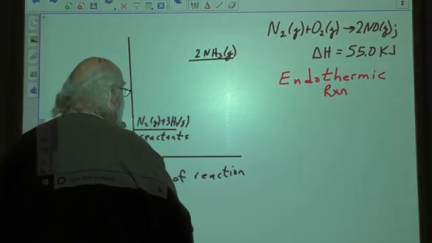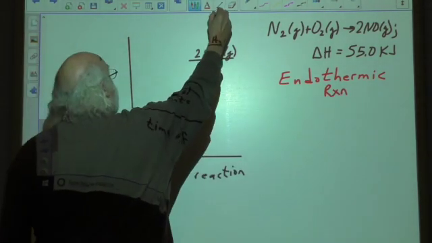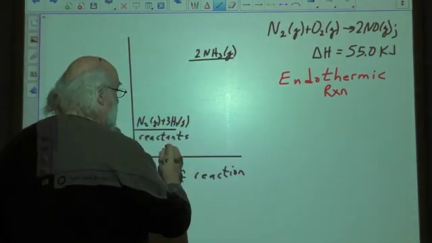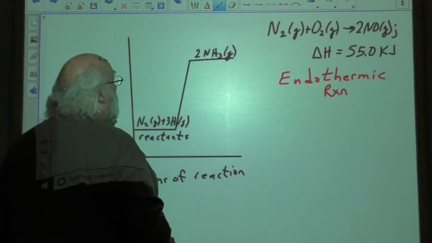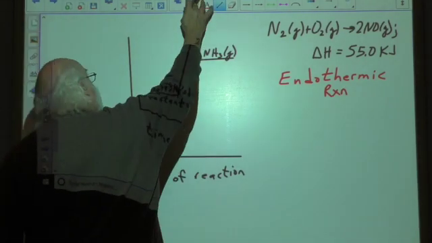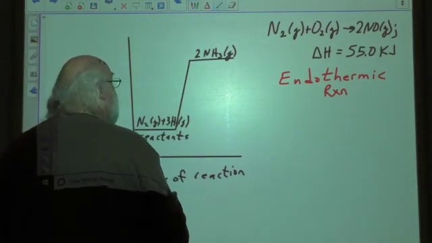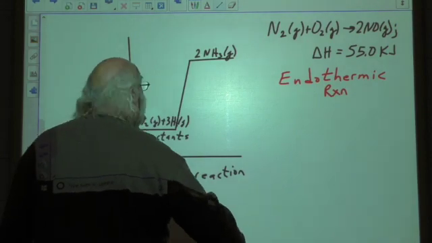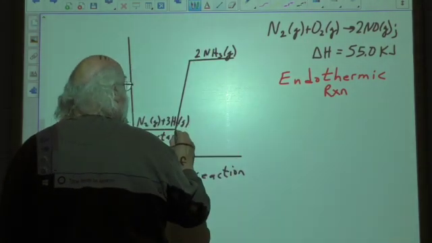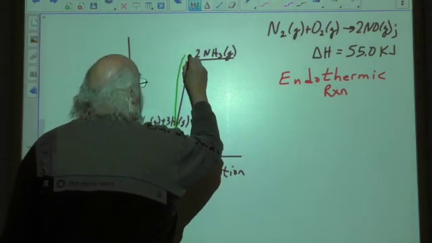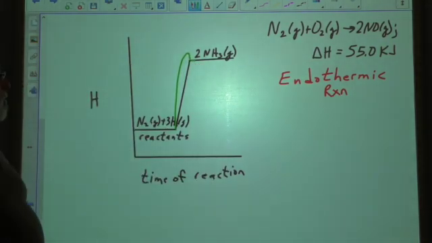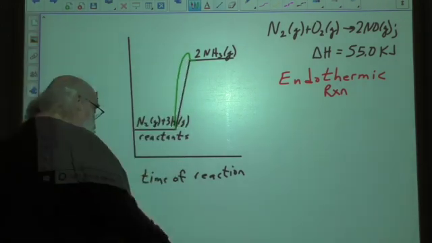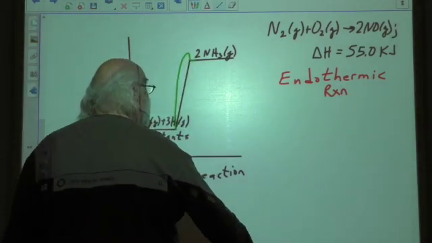And again, we could draw a straight line from here to here because in terms of chemical bookkeeping, that really is what's going on. But if you take a nuanced approach where you can see the details like we did last time, this is going to look something like this. And that little bump there, of course, is your activation energy, which we're not going to get into, like I said.